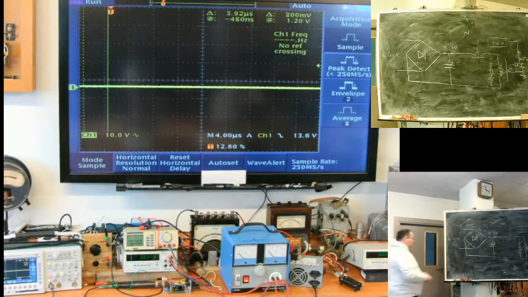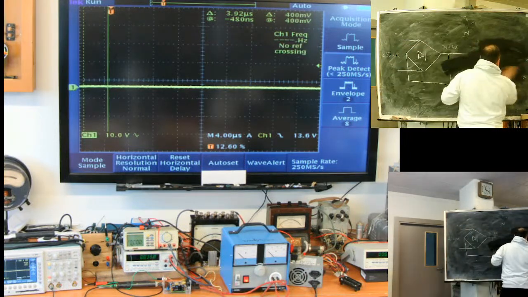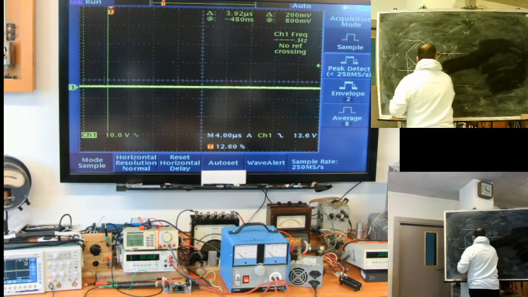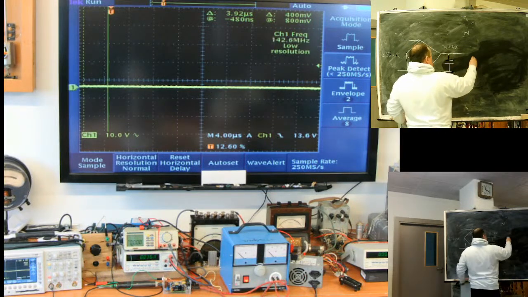AT and ATX power supplies have a different design.